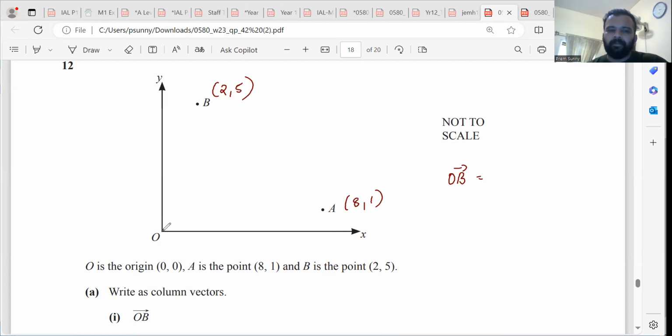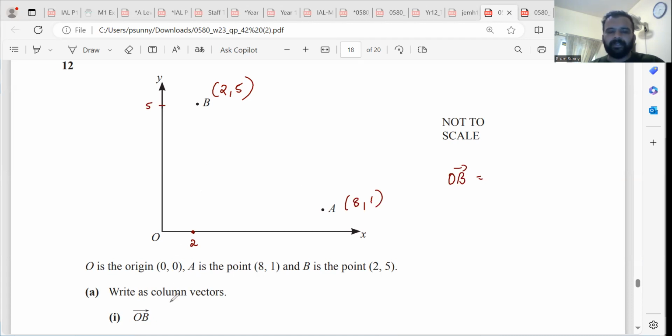From O towards the x-axis, I need to move 2 towards right. And then I need to move 5 up. Since this is 2, 5, this is 2 and this is 5 here.